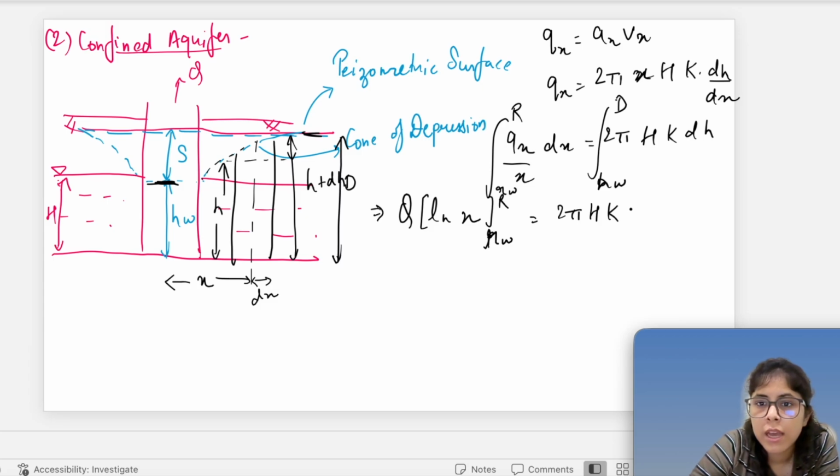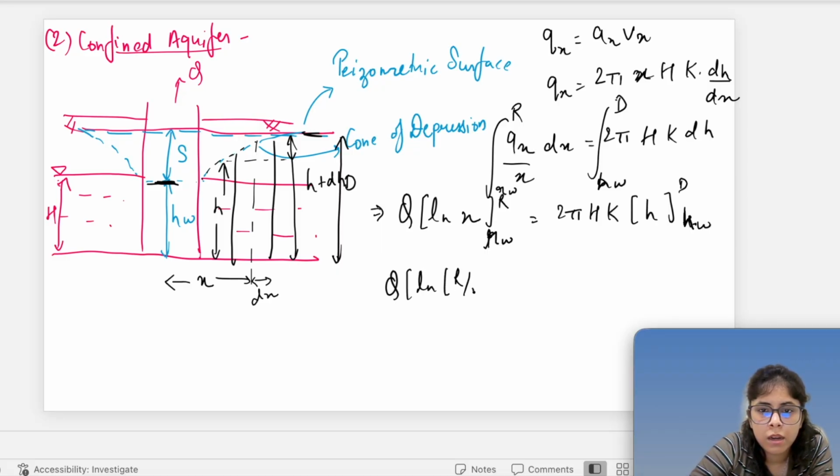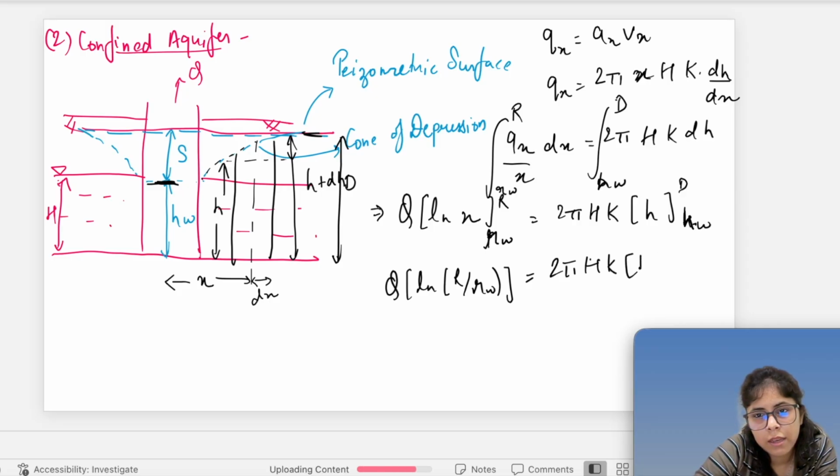K is constant. H will be integrated, dh is h, and then from D to hw, small hw, and we get Q into ln r upon rw is equal to 2 pi h k (D minus hw).